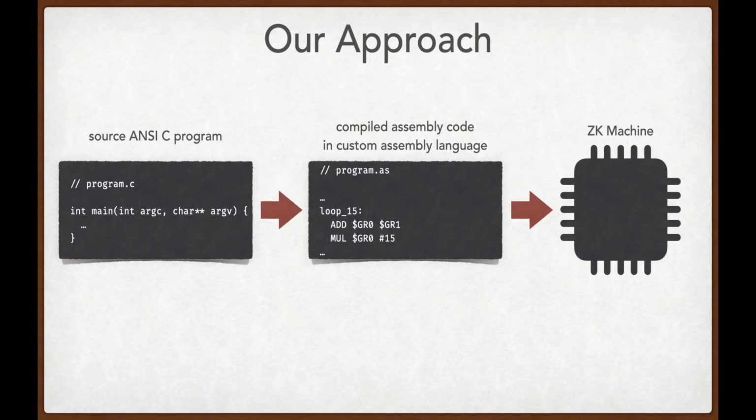Our processor, however, is not a piece of hardware. Rather, it is a cryptographic protocol that runs between the two parties. Therefore, each instruction of the source assembly language runs inside zero knowledge. By running all of the instructions inside zero knowledge, we essentially hide the execution from the program verifier.